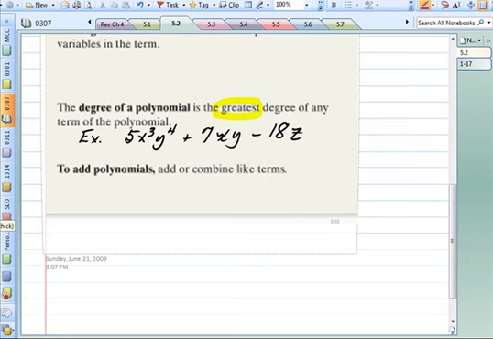Well, to determine the degree of the polynomial, what you do is get the degree of each term first. What would be the degree of this term? 7. And of this term, 2. And of this term, 1. The degree of the polynomial is the greatest degree of any of the terms. So the degree is 7.